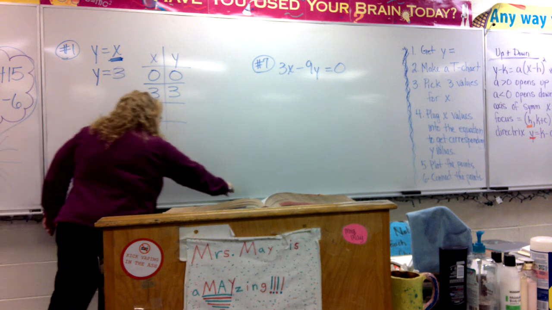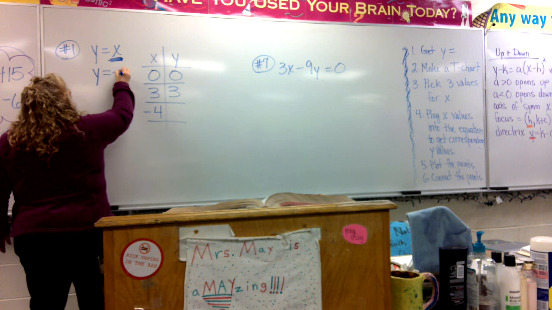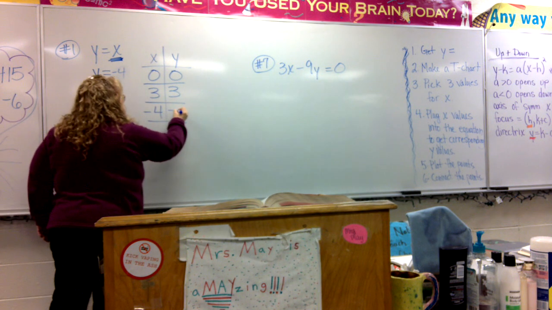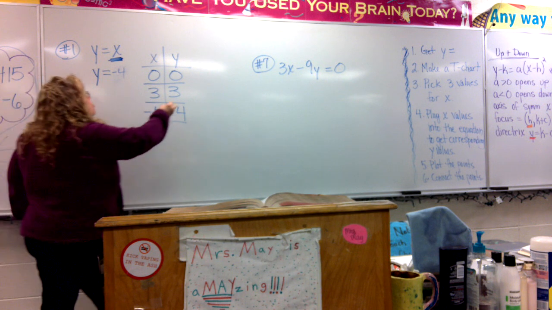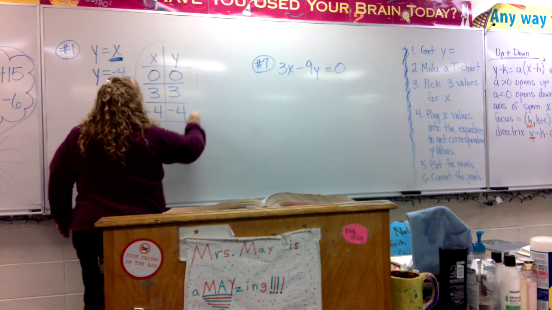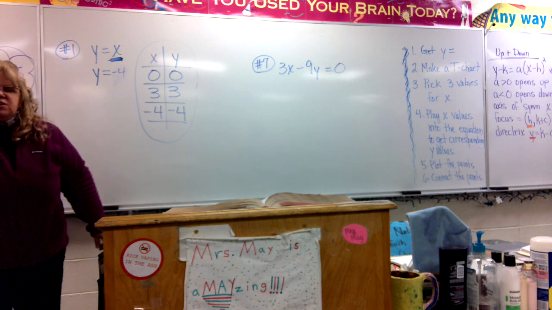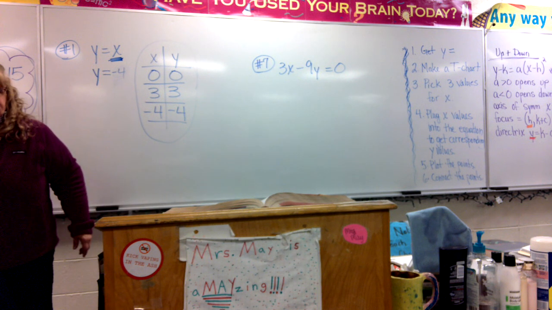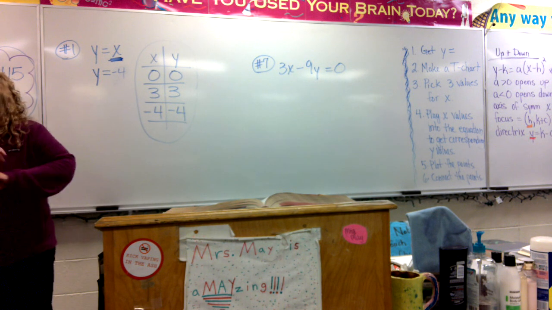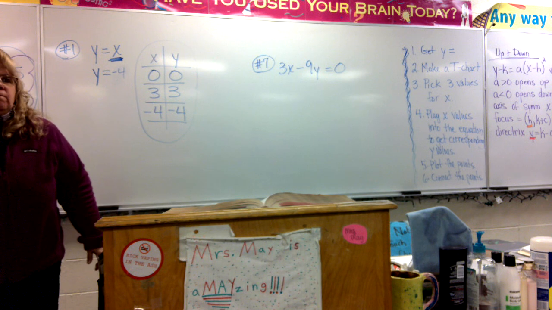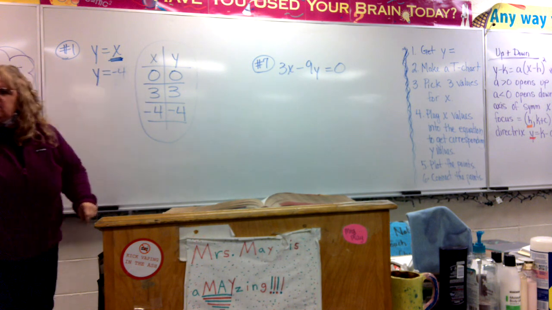And then I'm going to plug in a negative 4. And what do you get for y? Negative 4. And now here are 3 points. You plot those points, and then connect them, right? And this method will work for any line. The other method doesn't work so well for some of them.